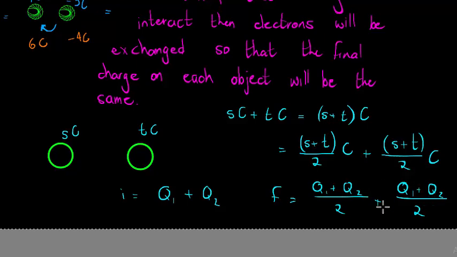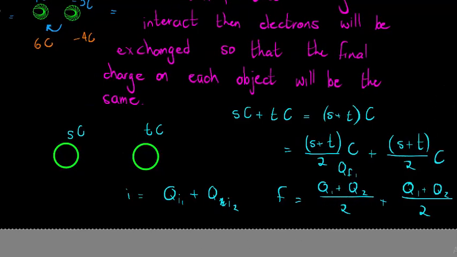I will have two new charges. This is my final charge for object 1. This is my initial charge for object 1 and my initial charge for object 2. Then the final charge would be these two initial charges added together and divided by 2.